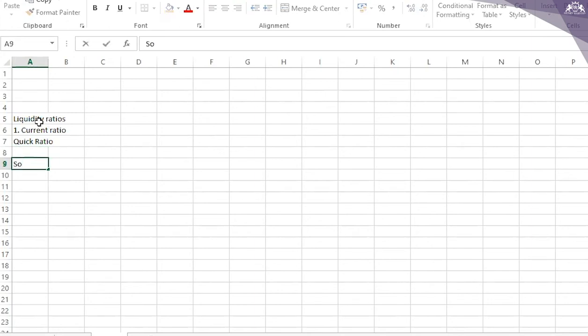Then for solvency ratios, we did debt equity ratio, we did total assets to debt ratio, and we did solvency ratio.